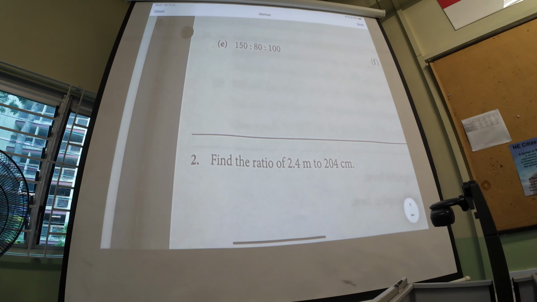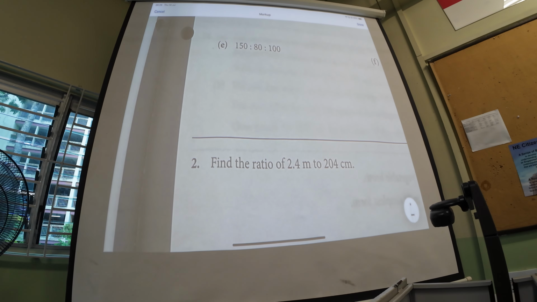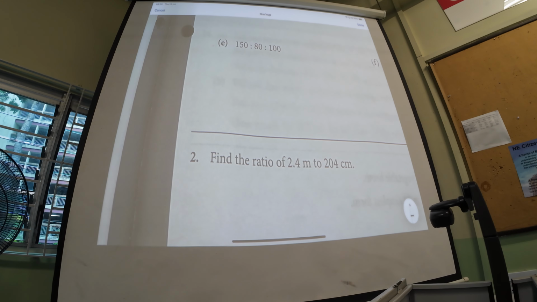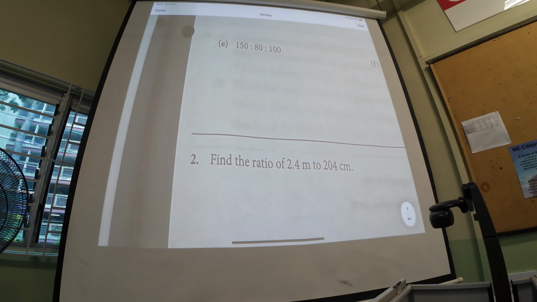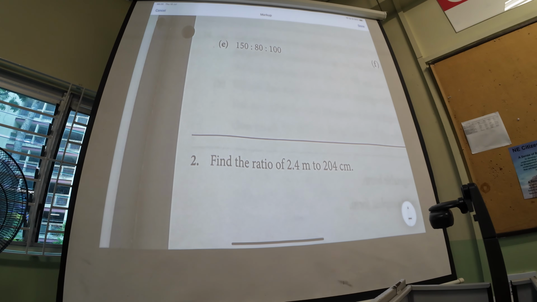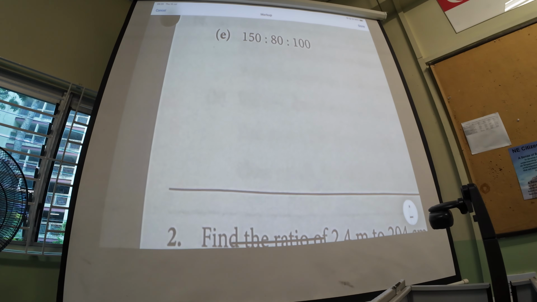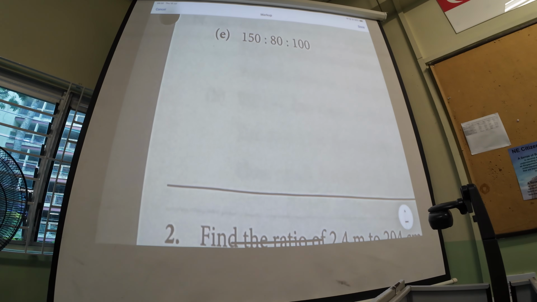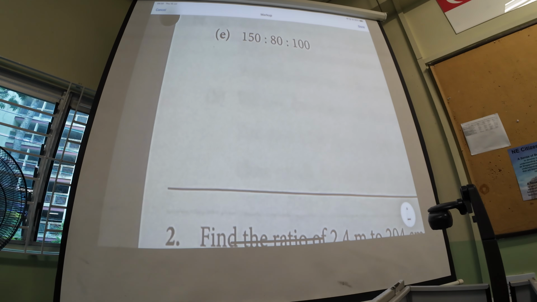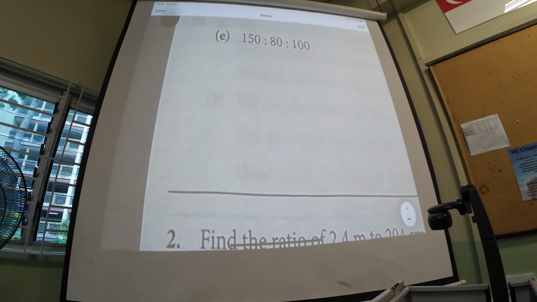So when they have the same unit on both sides, it will be cancelled away. So the simplest form of a ratio got no unit. It is purely a number, a proportion of the relationship between two quantities.